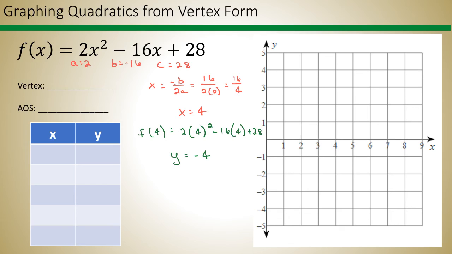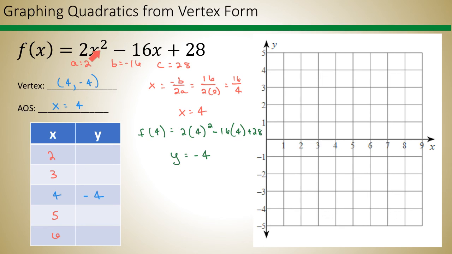So there's our vertex: (4, -4). Axis of symmetry is just x is equal to 4. So put that in the middle of your table, and then we're going to pick two x values that are smaller, so 2 and 3, and two that are bigger, so 5 and 6. And now let's substitute those in.